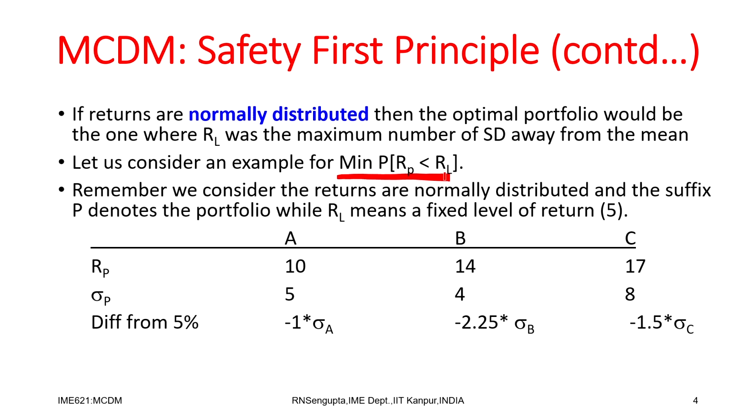And for 3 decisions which are given as A, B and C, the corresponding values of RP bar, sigma and difference being 5% away are given in the second column, which I highlight first, the third column and the fourth column, and the diagram I have drawn in detail.